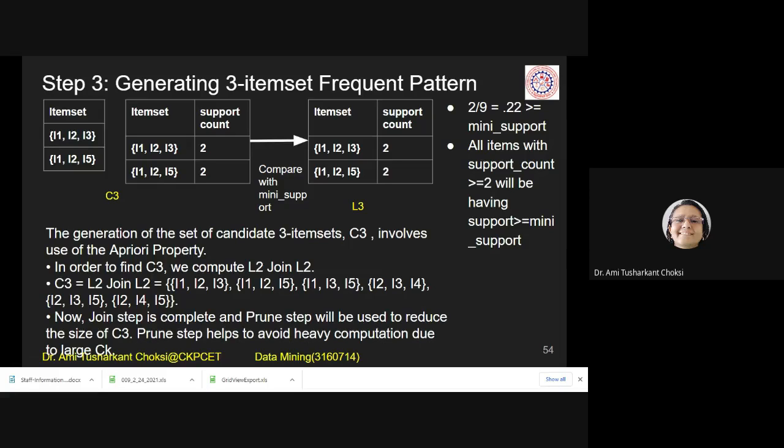So now we have two item sets in L3. Now we should combine them to generate L4. First of all C4, and then L4, right?